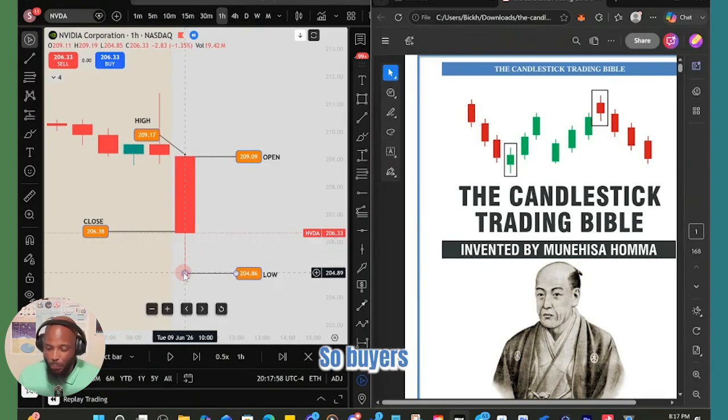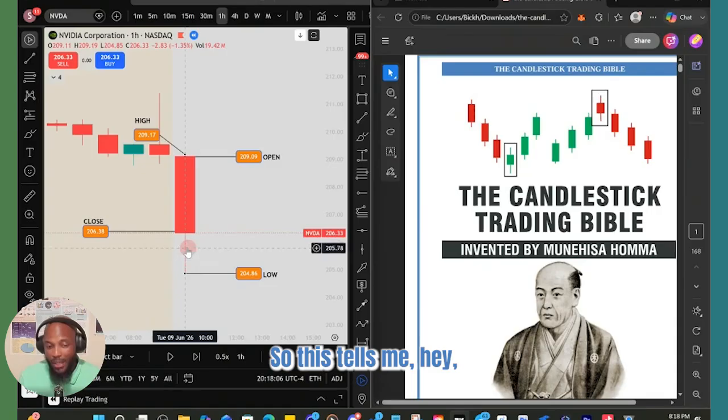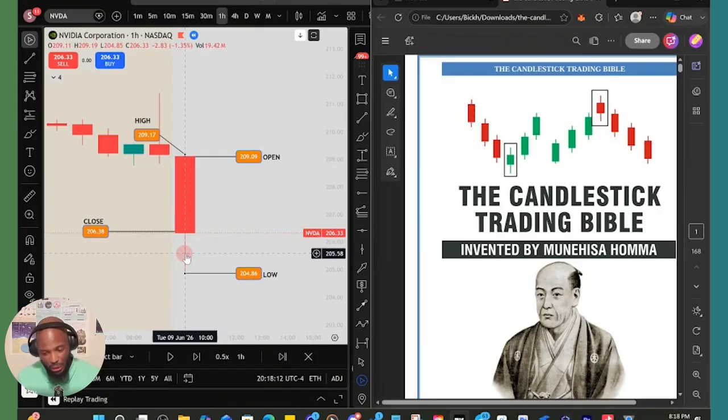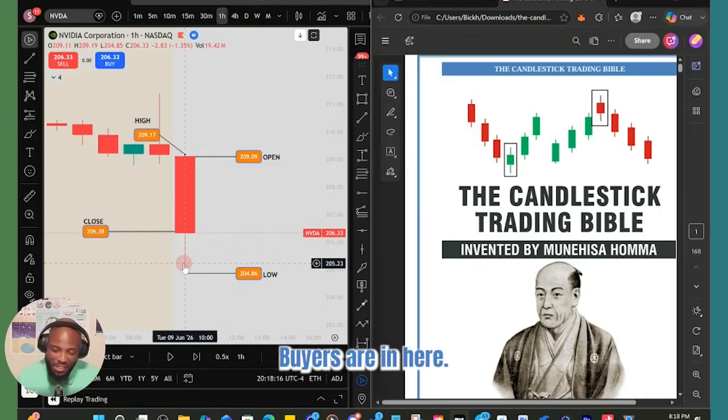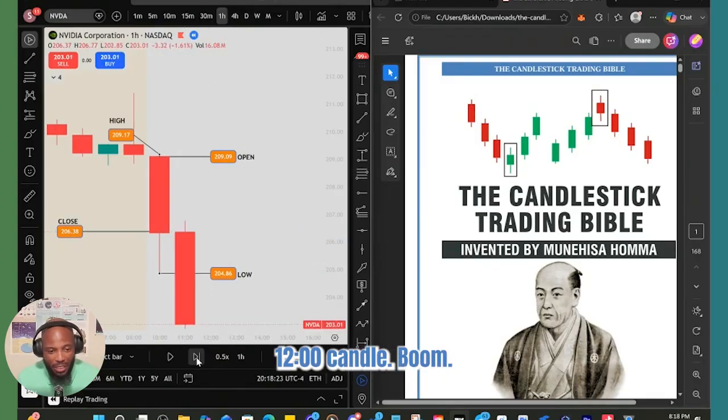So buyers bought a lot of NVIDIA at 204.86, pushed it up to 206.38, and that's where it closed at. So this tells me, hey, you might get another red down, but be cautious. Buyers are in there. They're lurking. So let's move to the 11, 12 o'clock candle.